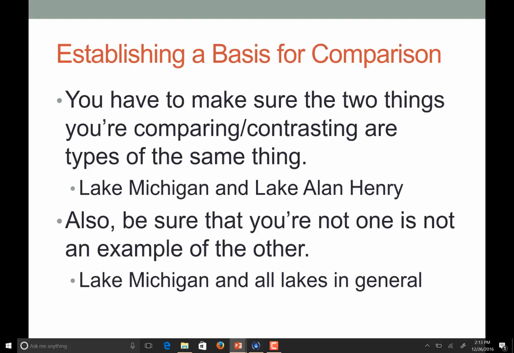So you want to be sure that you're very specific, that you're comparing and contrasting two things. Like, you couldn't compare Harry Potter and all of the other people in Dumbledore's army. You need to do it on a one-for-one basis. Harry Potter and Ronald Weasley, or Harry Potter and Hermione, or Harry Potter and Draco.